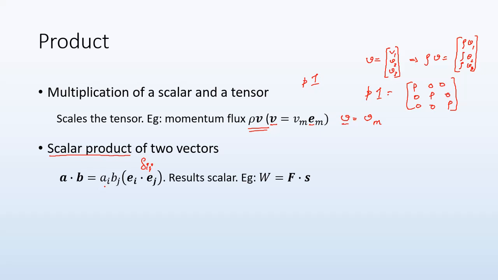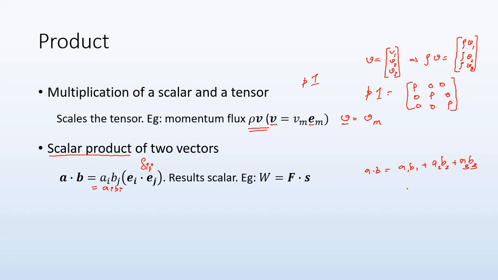Therefore, this product A_i B_j delta_ij will be equal to A_i B_i. If you have A_i B_i, then i is a dummy index. So what you will get is A dot B equal to A1 B1 plus A2 B2 plus A3 B3. Here i is repeated twice, so i is a dummy index.